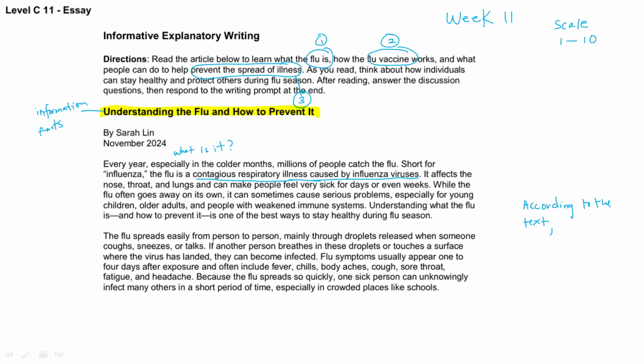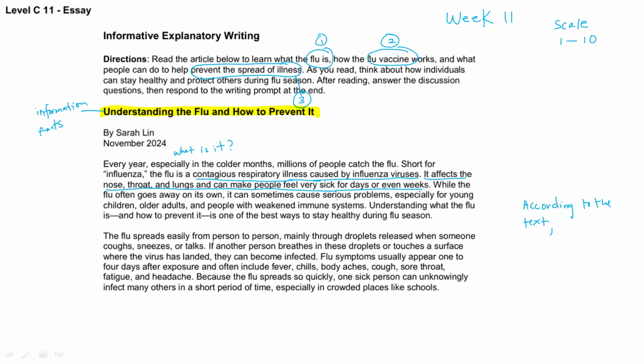It affects the nose, throat, and lungs and can make people feel very sick for days or even weeks. So this is important here, right? How does it affect people? You could use that in your intro or in your body paragraph. So we're just highlighting information here.